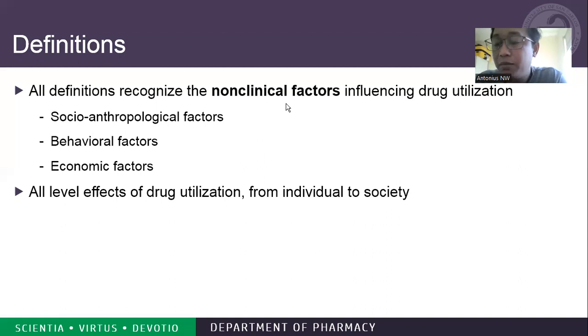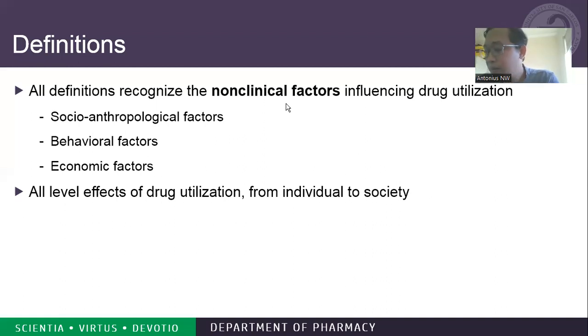And then the economic factors. I believe this happens broadly in our communities in Indonesia. To a certain degree, we have a belief in the benefits of taking medication.